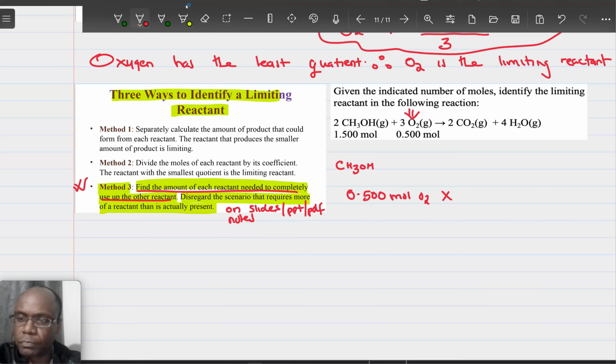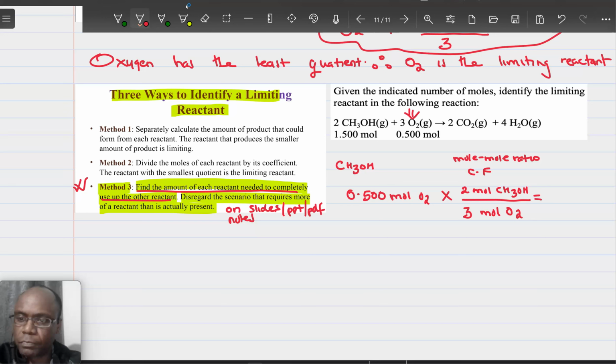What I'm given here is for every 2 moles of methanol, that is the mole ratio or conversion factor, the mole to mole ratio that we're going to use here. For every 2 moles of methanol, we need 3 moles of oxygen.